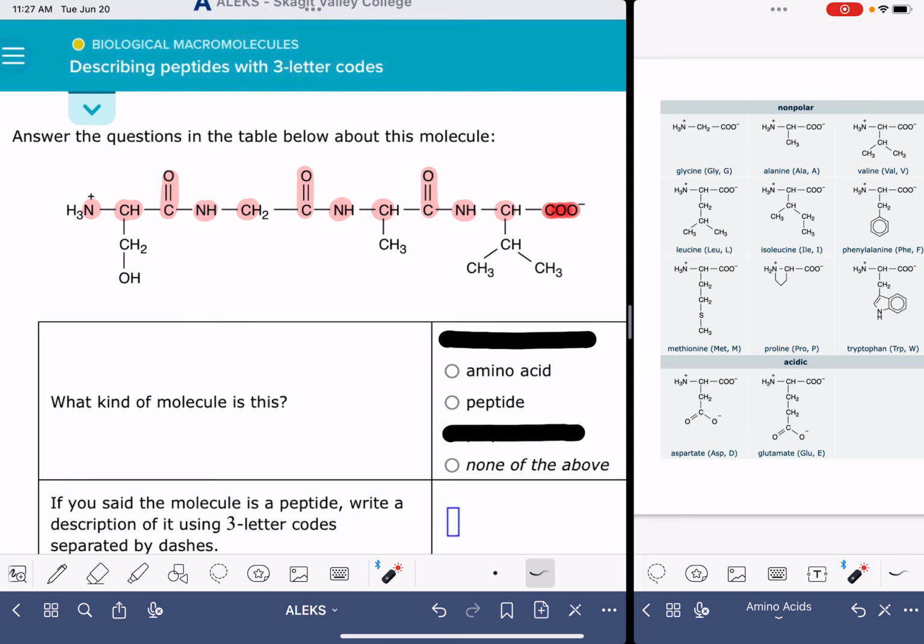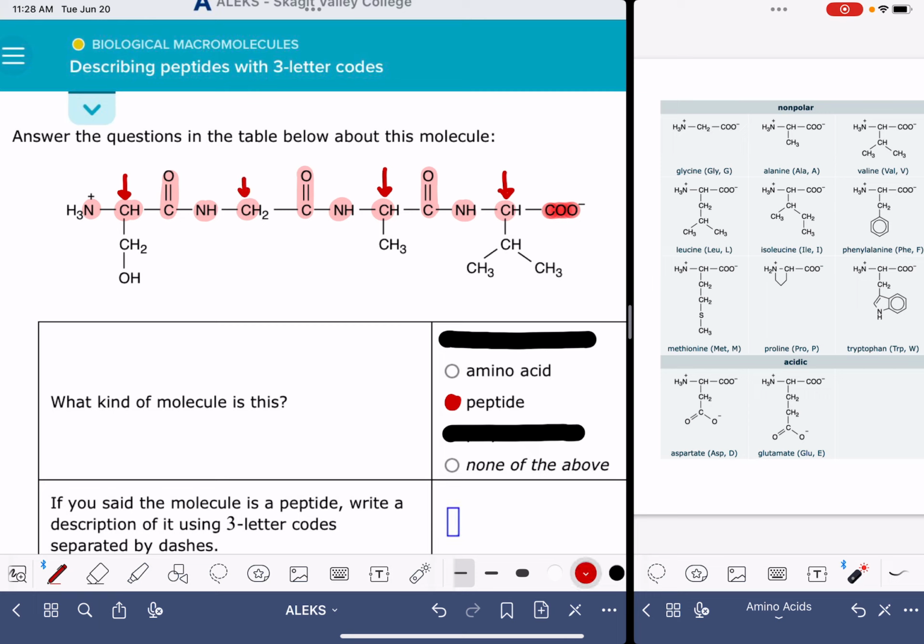Now, one thing I do want to point out is that most of the time in this pattern, nitrogen, carbon, carbon-oxygen double bond, nitrogen, carbon, carbon-oxygen double bond, the carbon is a CH. Right here kind of seems a little bit like it breaks that pattern.